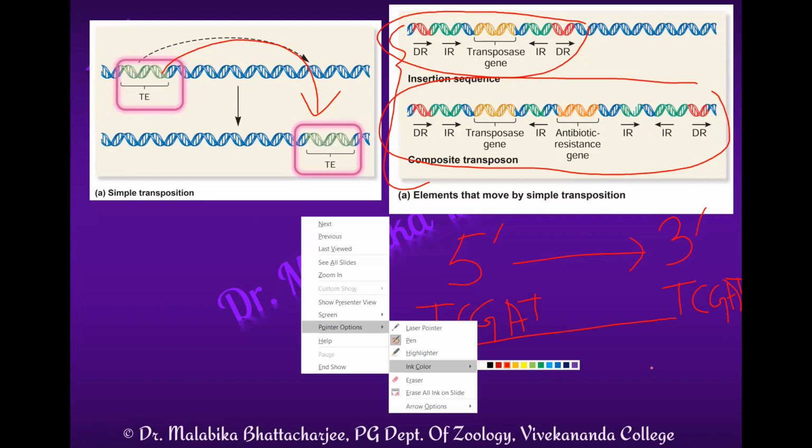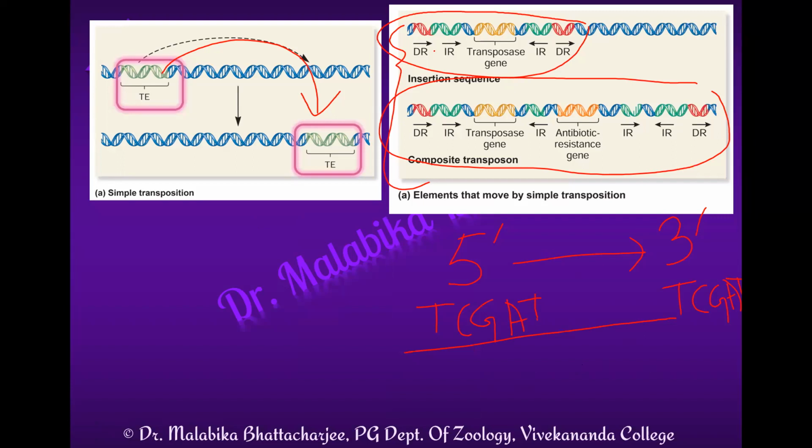So if there is a direct repeat here, that means if the sequence is read as TCGAT, then there is another direct repeat here, and the sequence is read as TCGAT. When we are talking about inverted repeats, the direction is important.